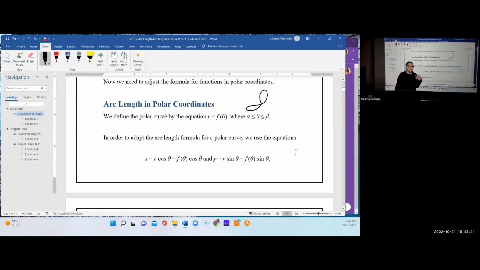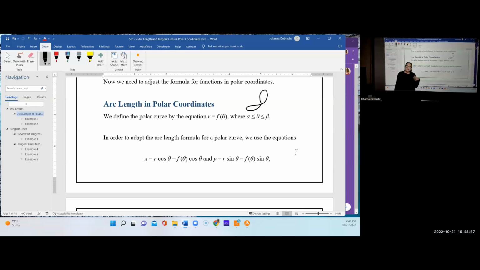Now, in order to adapt the arc length formula from the parametric equation to a polar curve, we need to use the equations x equals r cosine theta. We know that from the definition of cosine as the adjacent over the hypotenuse. And y equals r sine theta, again from the definition of sine theta, which is opposite over hypotenuse.